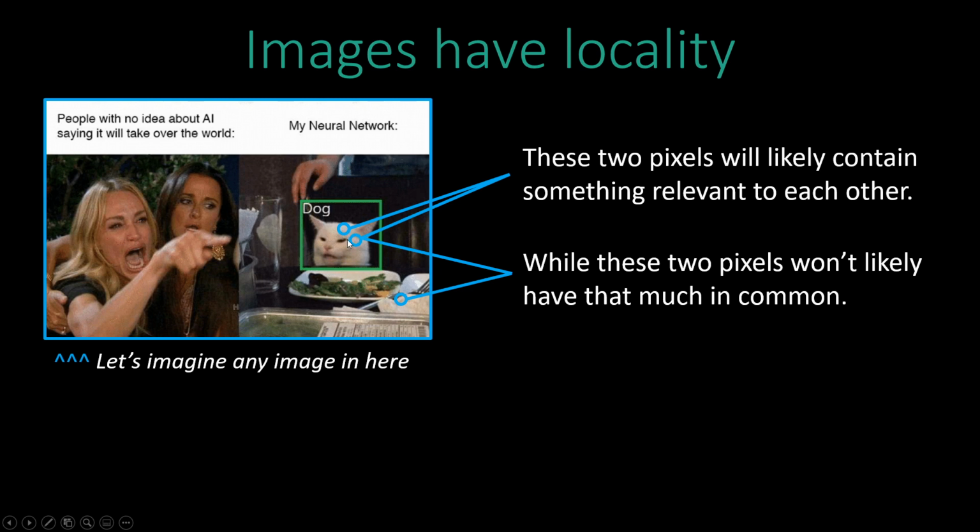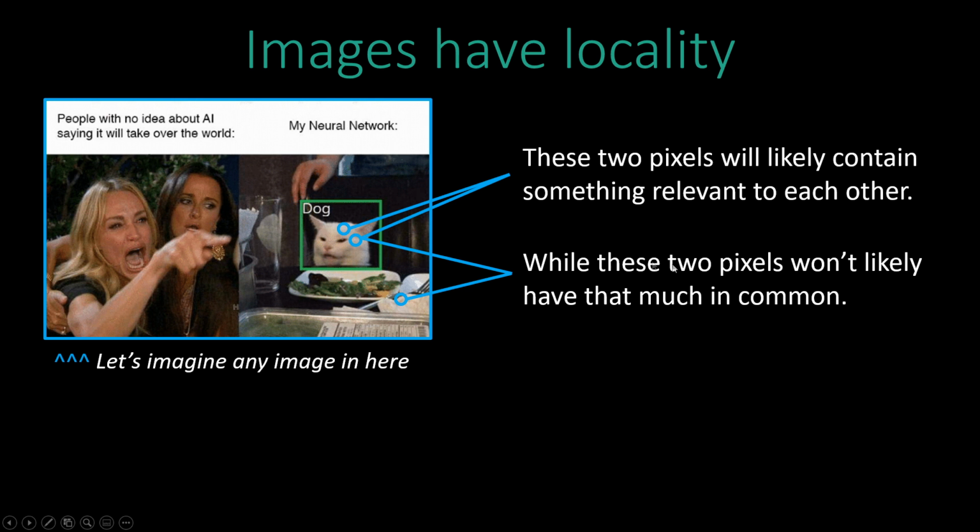Then these two pixels, which are relatively nearby to each other in the original input space, will probably have something relevant to say to us. Either they will be the same object in the image, or they will be two types of objects, but it's still relevant to us because if it's two types of objects, we know that somewhere in between them there is a boundary that separates these two objects. So the locality there is quite important for us.